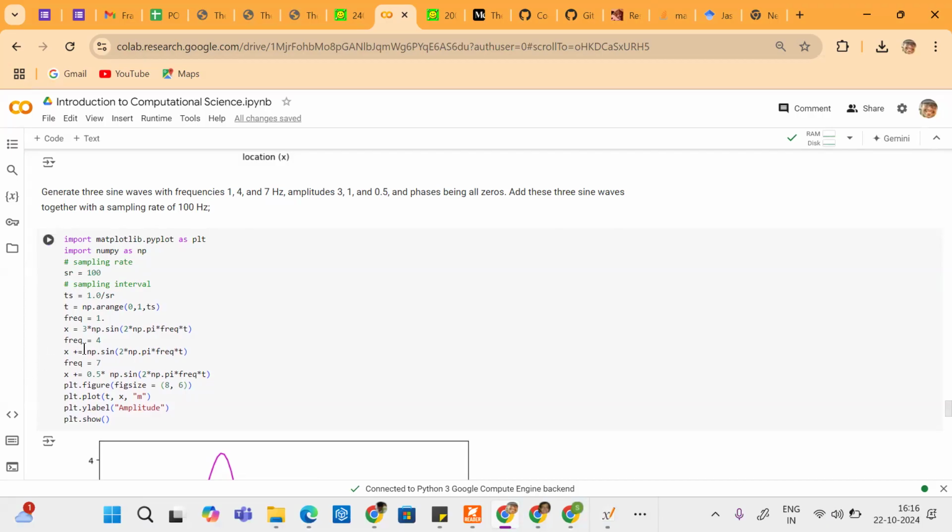Then the frequency is 4. Okay. Because you are saying 4 hertz here. But for the 4 hertz, the amplitude is 1. So you are multiplying 1 times sine 2 pi f t. Okay. And f is 4 here. And similarly, you do with the last wave, that is 7. And you keep on adding. That is with the help of this x plus equal to.